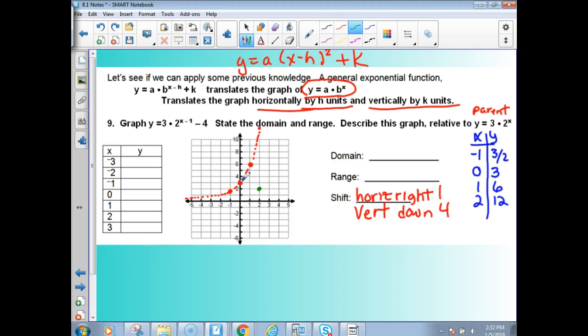I'm going to take this y-intercept point and translate it right 1, down 1, 2, 3, 4. I'm going to take this point at negative 1, 1.5, and go right 1 and down 1, 2, 3, 4. It's at negative 2.5.